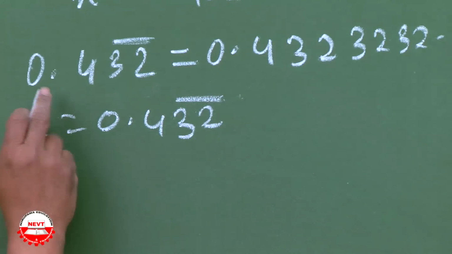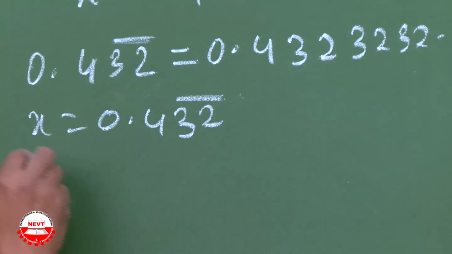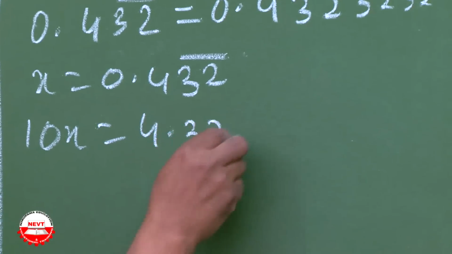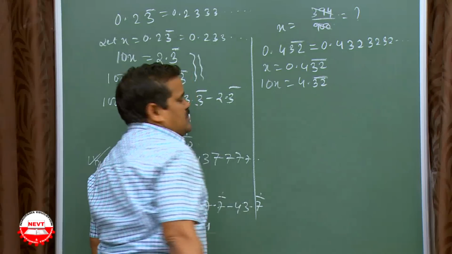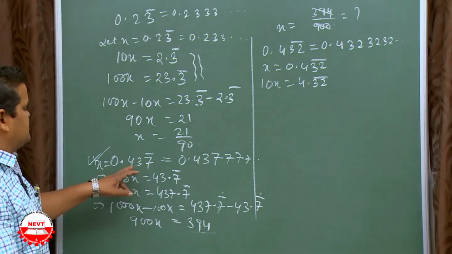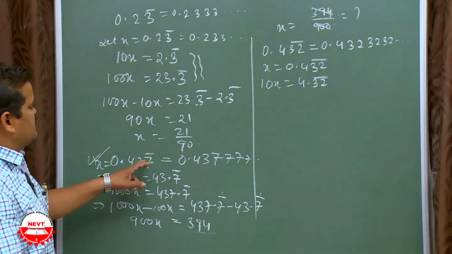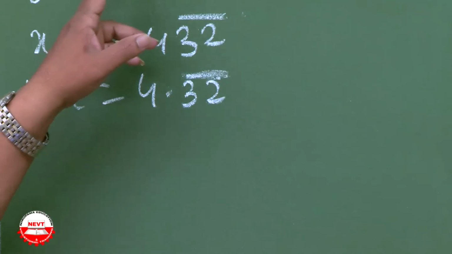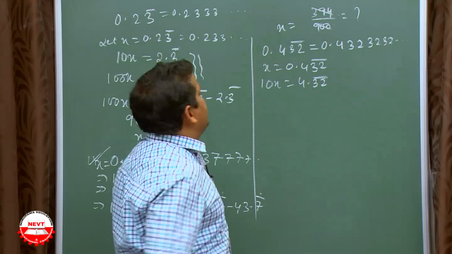Now bring the decimal to this place, so 10x is equal to 4.32 bar. Why am I taking 10x? Because two numbers repeat, so I need one decimal digit before the bar. Here the bar starts after one place, therefore I am taking 10x.